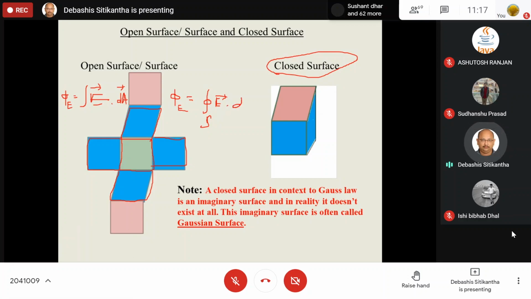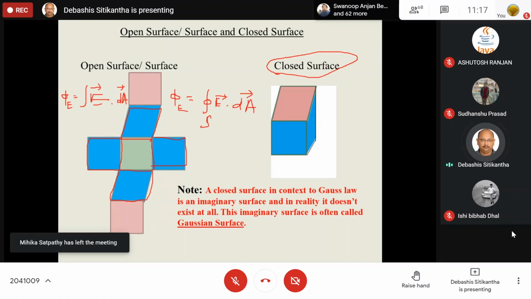This suggests that you are modifying the open surface so as to make it a closed surface. Now please note over here, a closed surface in context to Gauss law is an imaginary surface, and in reality it doesn't exist at all.